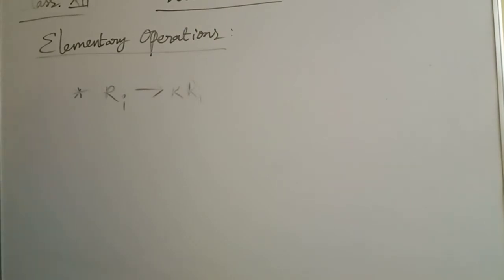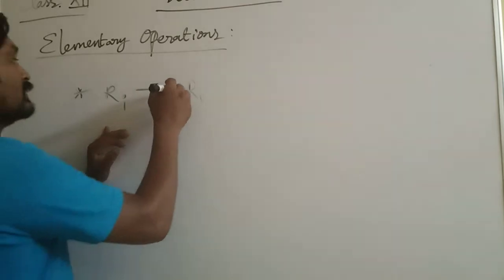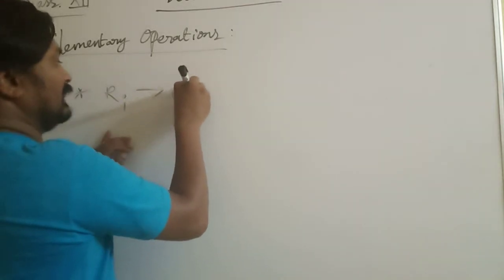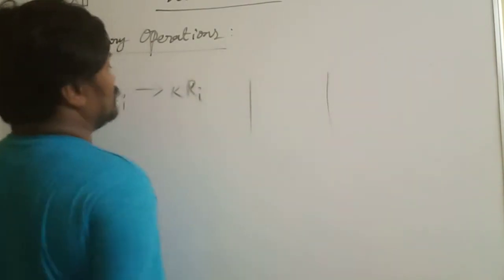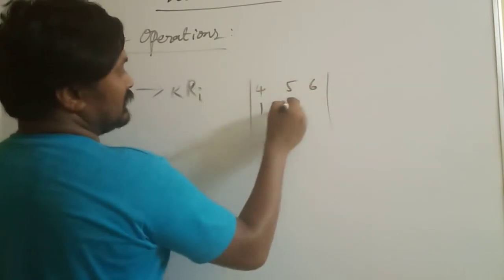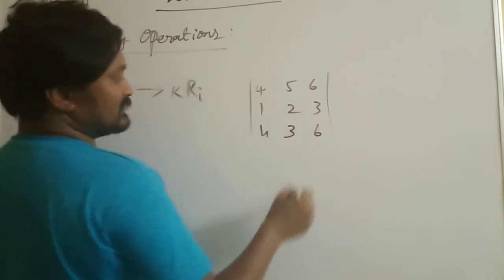That means whichever row R1, R2 is there, it is multiplied with K. K is any number. So let me write here: 4 5 6, 1 2 3, 4 2 4 3 6.